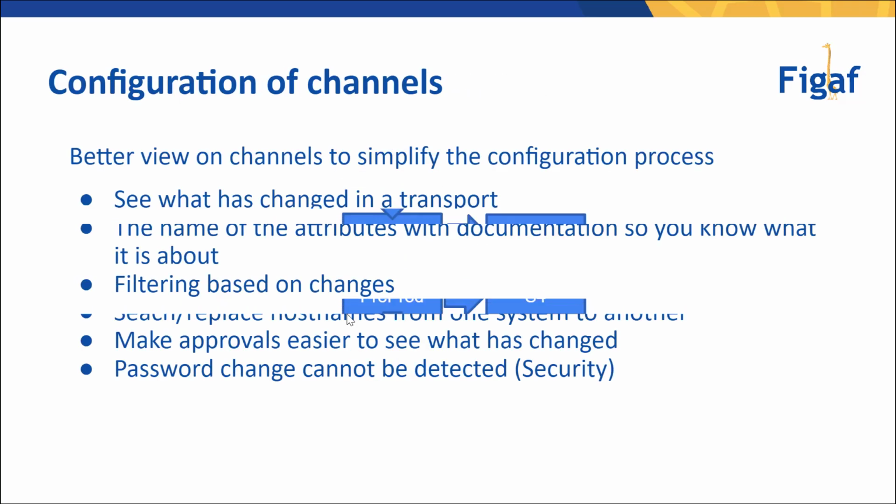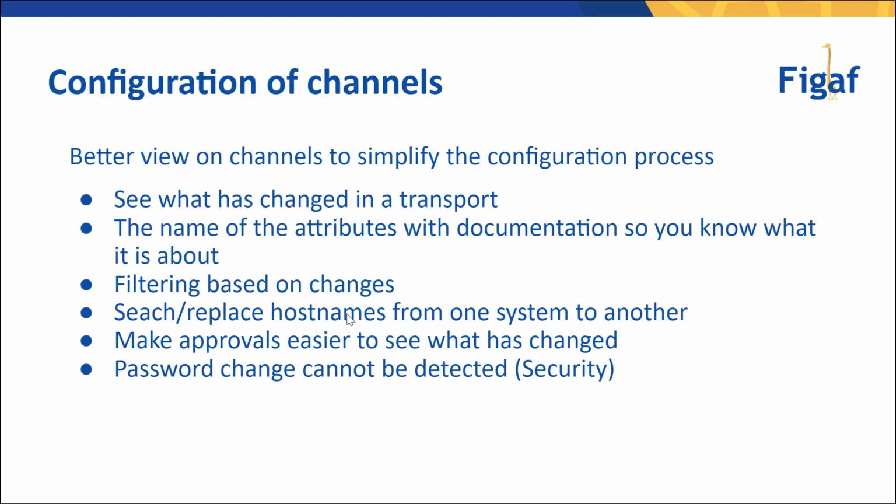So that's the landscape. Communication channels are also one of the biggest places where you need to do a lot of configuration. Here you have a much better understanding of what is going to be changed. You have the ability to make search and replace on file names, host names, and make sure that you fill in passwords in the system.